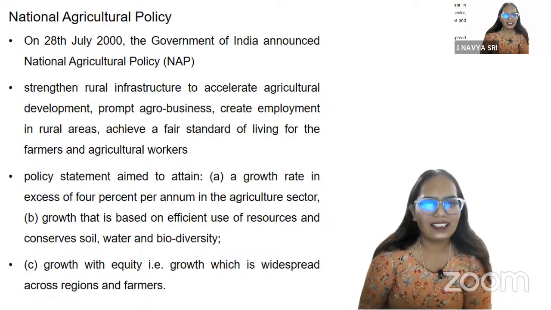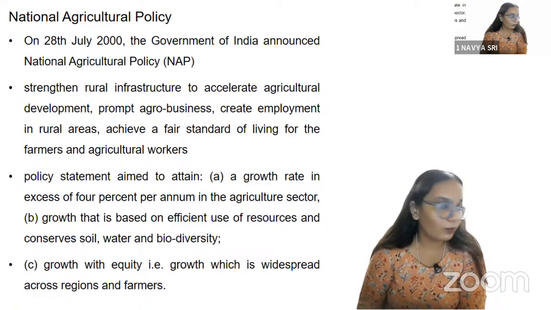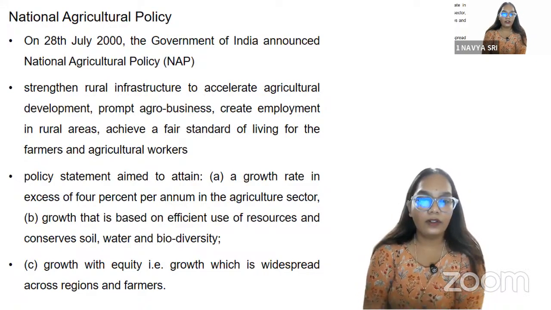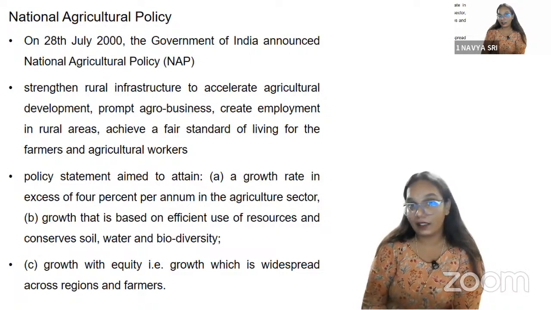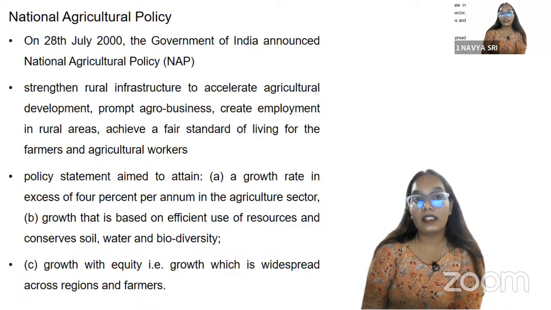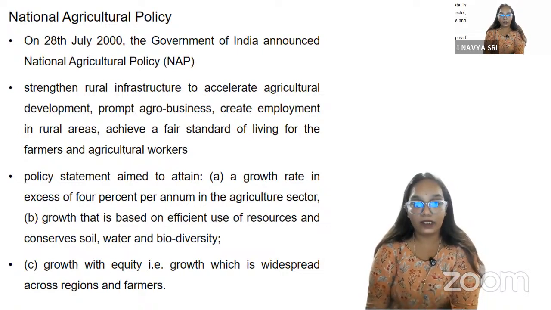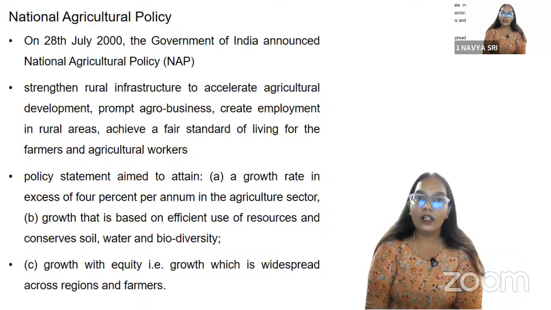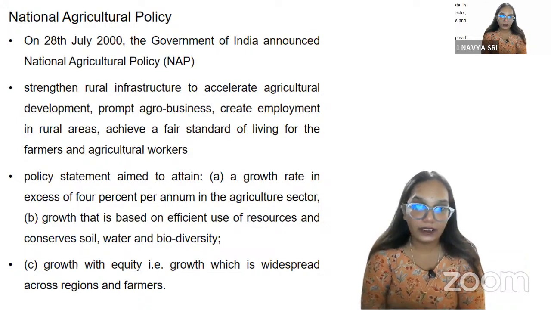So what does this policy aim to attain? What are the schemes or the provisions of this policy? First one is a growth rate in excess of 4% per annum in the agricultural sector. So this is supposed to bring an increase of 4% in agricultural growth rate per annum, per year.